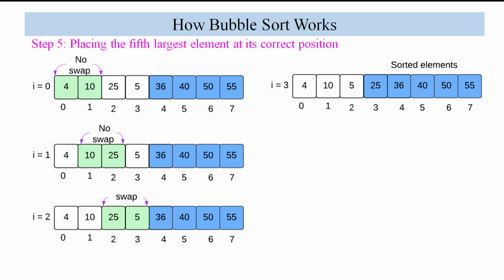In the worst case 9 passes will be there, and in pass number 1 there will be n minus 1 comparisons, and in the worst case n minus 1 swappings also.